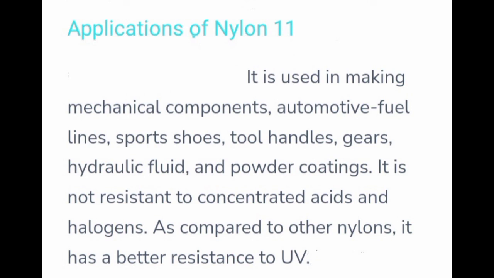It is non-resistant to concentrated acid and halogens. And if we compare this nylon 11 with other nylons, it is more resistant to ultraviolet light in comparison to the other nylon polymers.